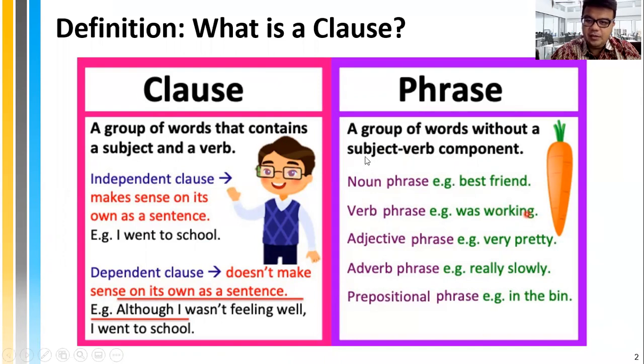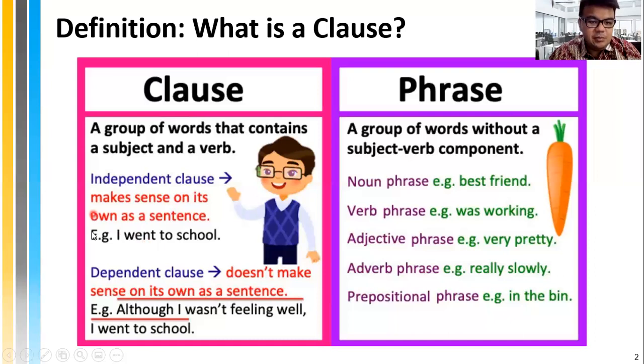There's no subject, no one doing it. Clauses have a subject and a verb. For example, I went to school. I is the subject, went is the verb, the action.